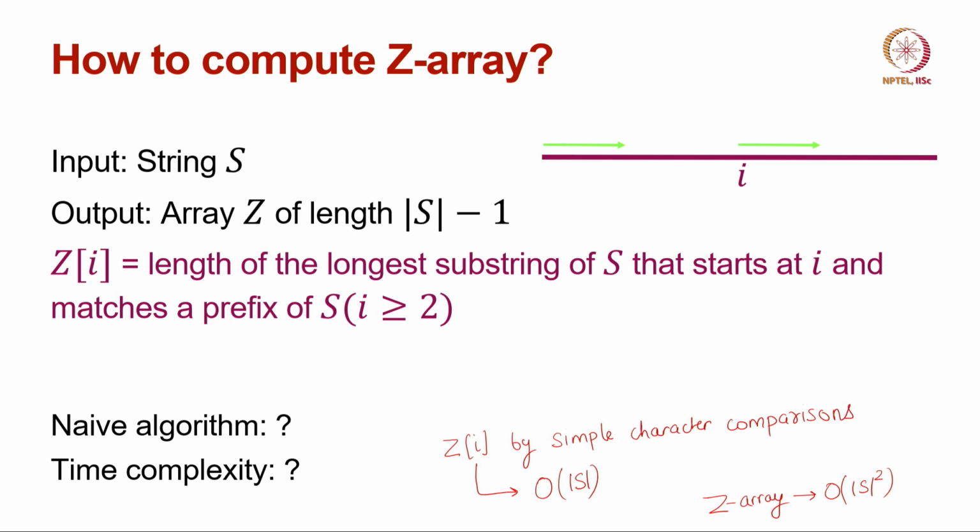That is not good, because the whole point of looking for a better algorithm is to avoid quadratic runtime. So what can we do? What may be a better way to compute the Z array that avoids these brute force character comparisons to compute Zi?